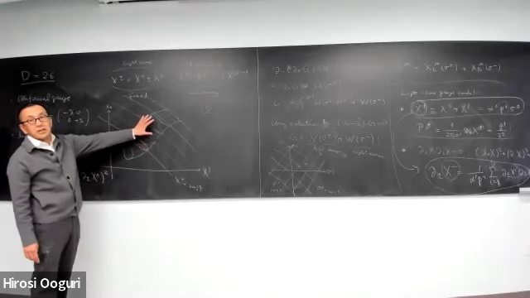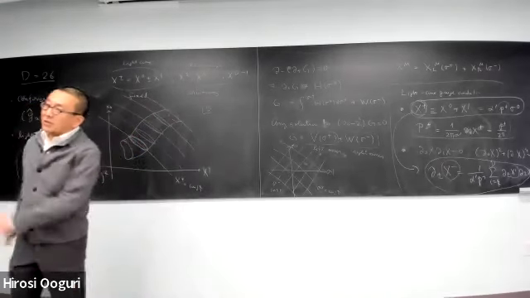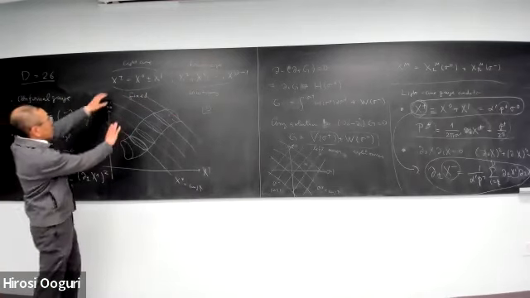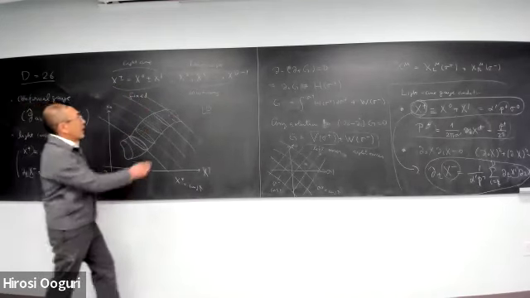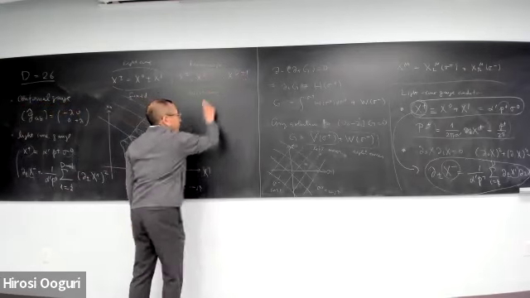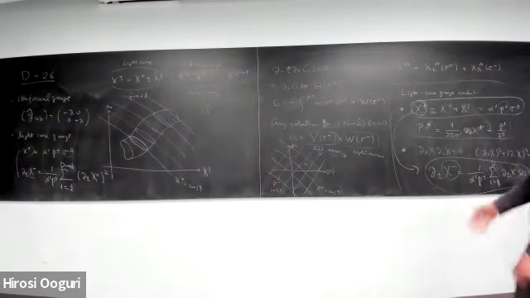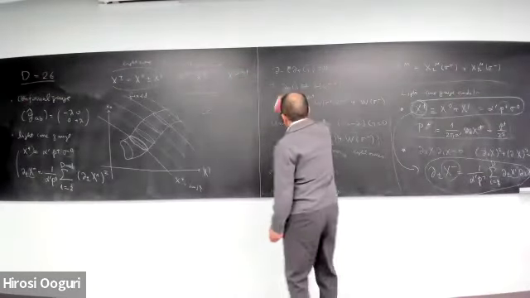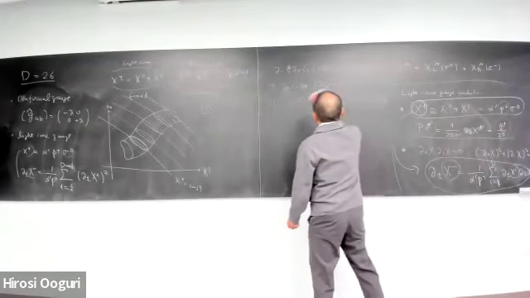So this fixes the worksheet coordinate completely. So reparameterization invariance is fixed, and the x plus and x minus directions are totally fixed. And this is a way to properly describe the propagation and oscillation of strings.